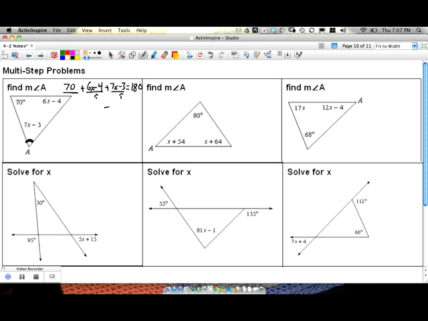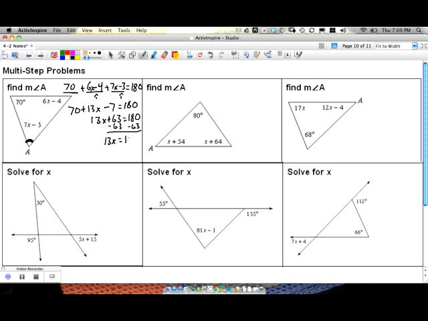So that's 13x plus 63 equals 180. Now I subtract 63 from both sides. And I'll have 13x equals 117. Now if I divide both of these by 13, 13 goes into 117 9 times. So x equals 9.